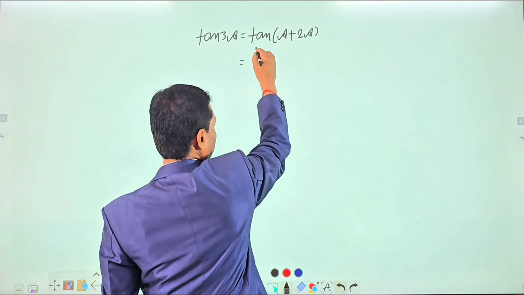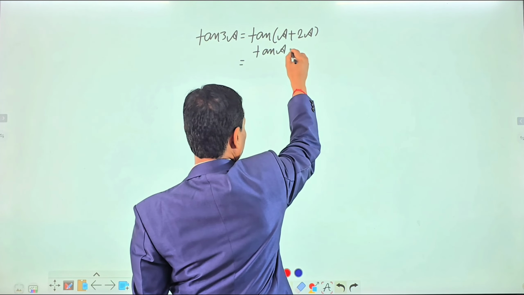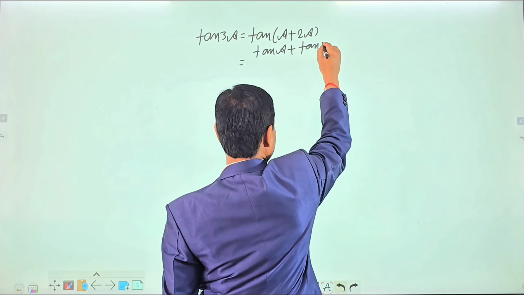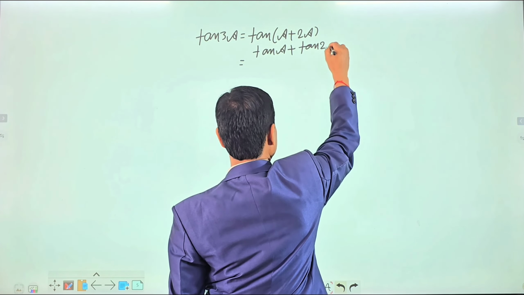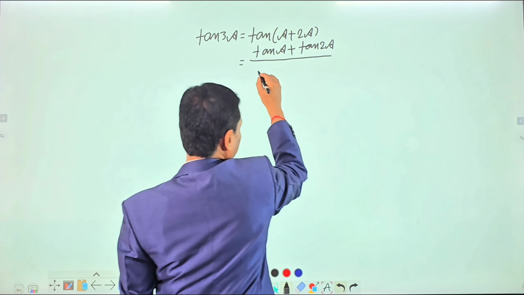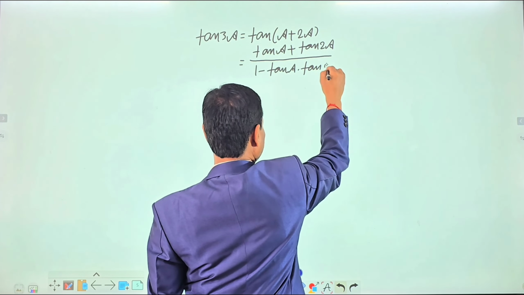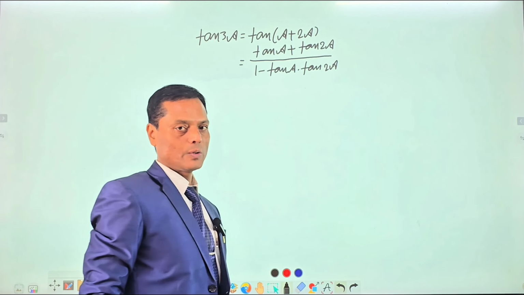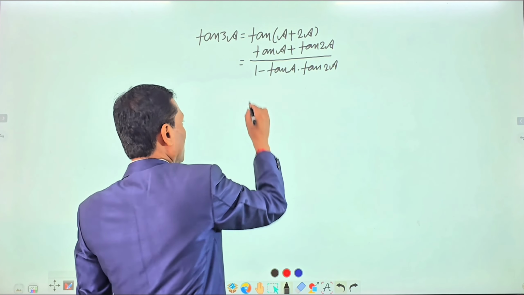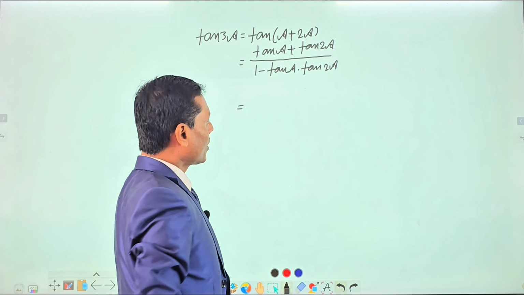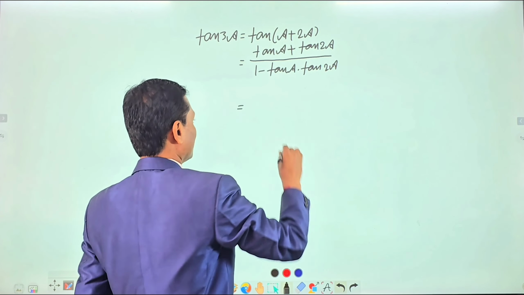So we can write here tan a plus tan b, and at the place of b we have 2a, and here 1 minus tan a dot tan 2a. Not to forget, at the place of b we have 2a. Again we are going to write the formula of tan 2a, isn't it? So all of you know this formula.